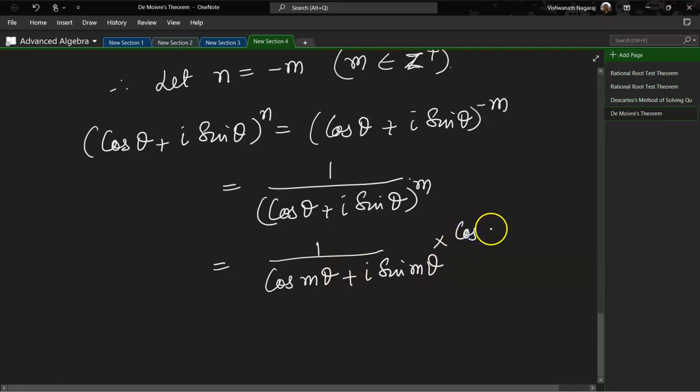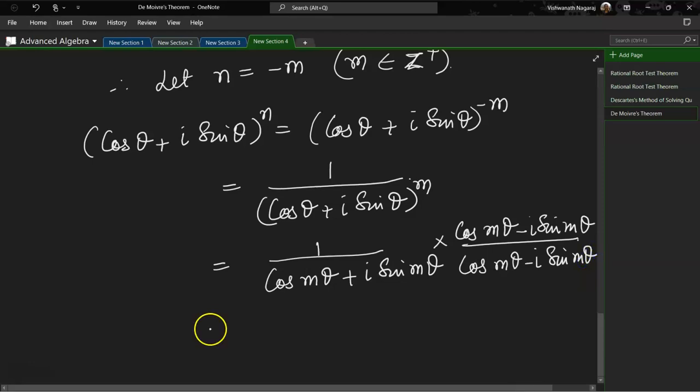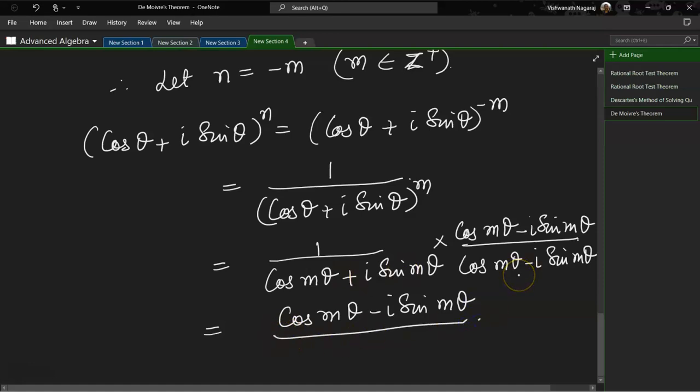So we multiply by cos m theta minus i sin m theta over cos m theta minus i sin m theta. What happens? The numerator remains cos m theta minus i sin m theta, and in the denominator it becomes cos square m theta plus i square sin square m theta, since (a plus b)(a minus b) is a square minus b square.